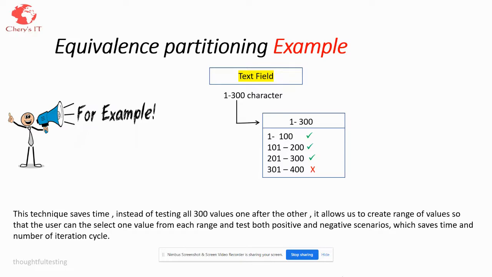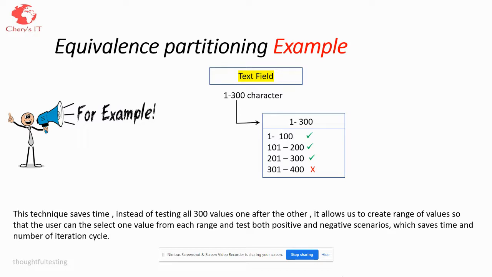In the first range, which is 1 to 100, I'll pick any intermediate value, say 50, 60, 75, 35, 95, any value, and enter it in the text field. When we hit enter, that test case passes, which means it is accepting all the values between 1 to 100.